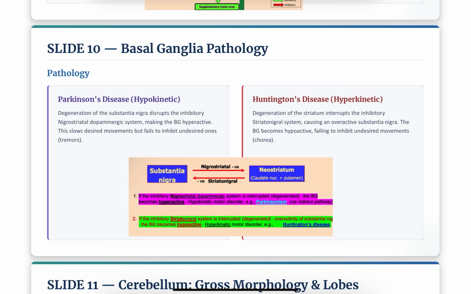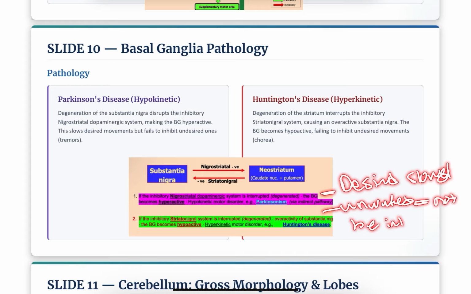So this will disrupt for me what? This will disrupt the inhibitory nigrostriatal dopaminergic system, which will make the basal ganglia hyperactive. As a result of this, what will happen? The desired movement will become slowed, while the unwanted movement will not be properly inhibited, which will lead to the tremors, mainly the pill rolling tremor of the Parkinson.